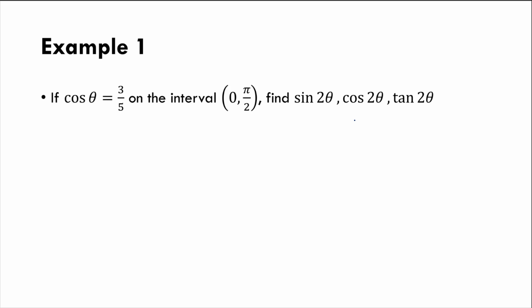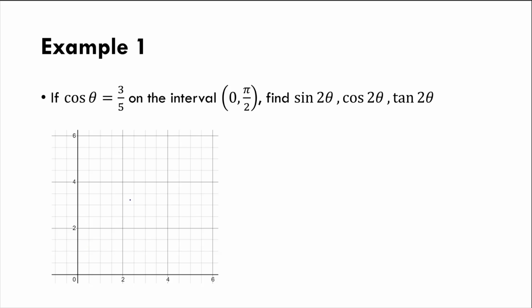Cosine theta equals 3 over 5, and cosine is adjacent over hypotenuse, so if I'm drawing out a triangle, the first leg is going to be 3. With one leg of 3 and a hypotenuse of 5, the other leg is going to be 4.